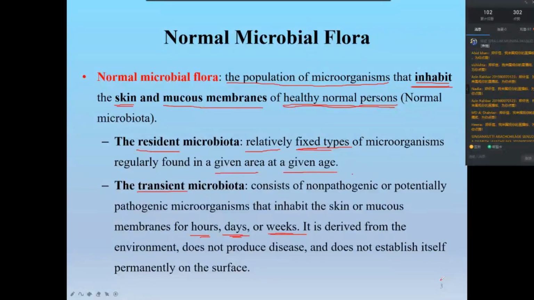We say that they are bad bacteria, bad bacterial flora. But in our normal flora, they are there. They are living together, and maybe they are beneficial to other bacteria. So it's not perfect to call them good or bad.